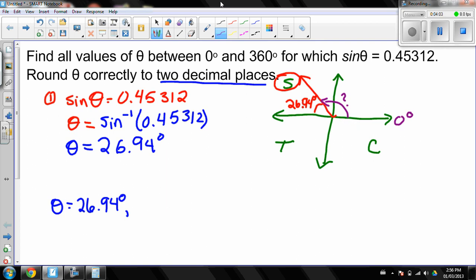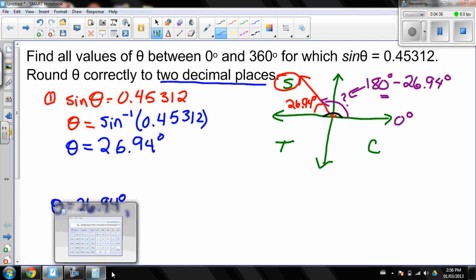So what I need to do is figure out what this angle is in order to get my second value here. Well, we know that this total angle along the straight line is 180 degrees. So if this whole angle is 180 degrees, this purple angle, or my standard position, is going to be 180 take away my 26.94 section. So my purple angle right here comes from 180 degrees minus 26.94 degrees, minus my reference angle.